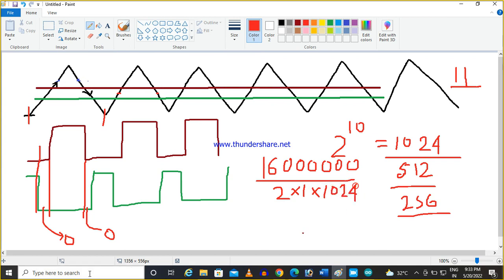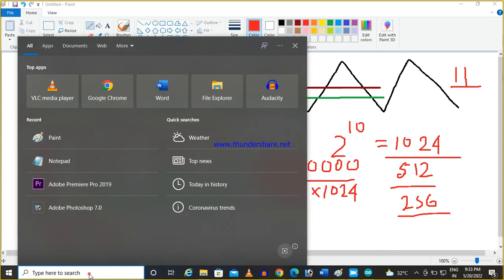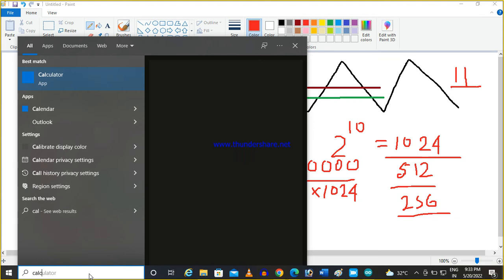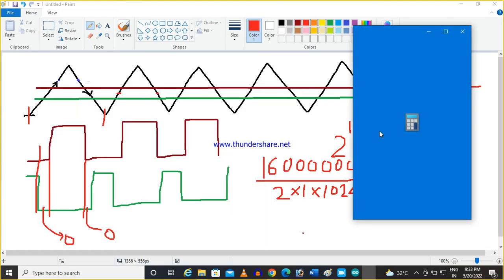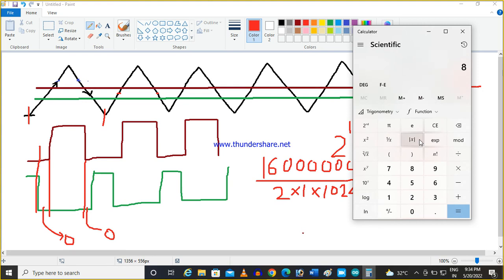Okay, so now it is 8 megahertz divided by 1024.